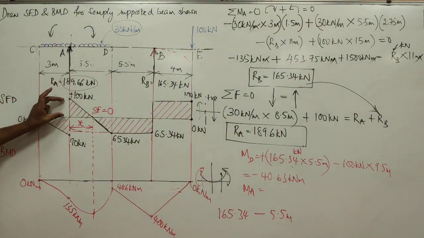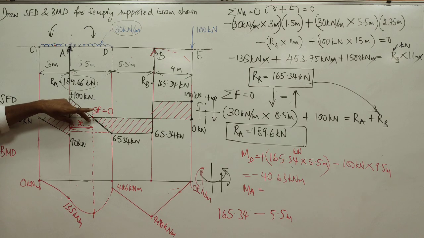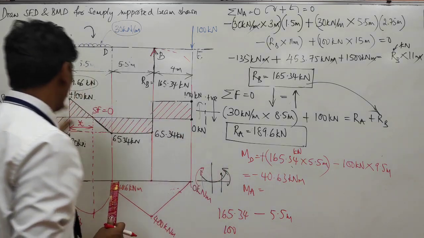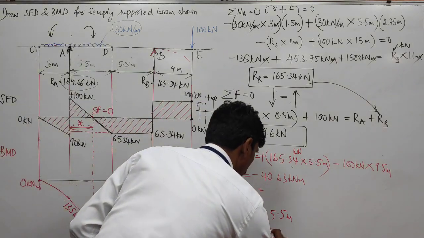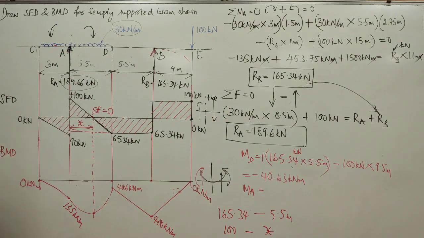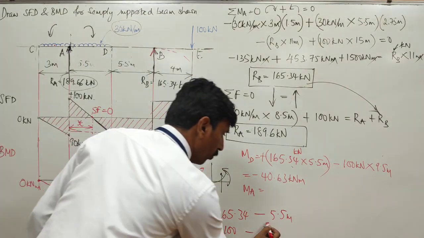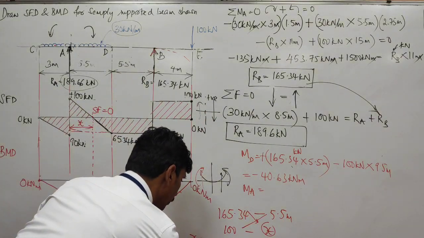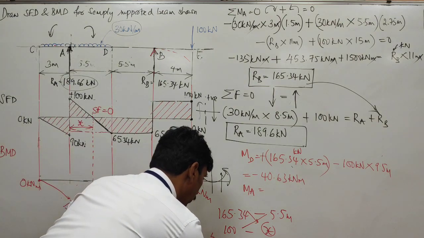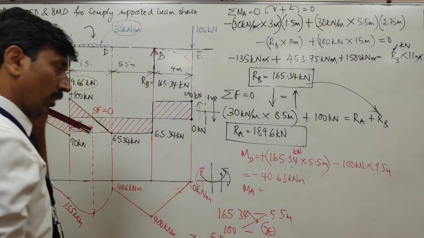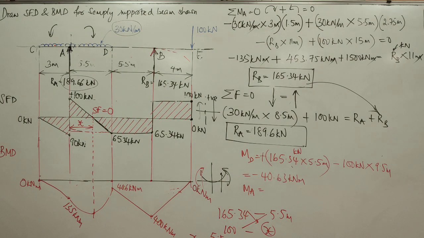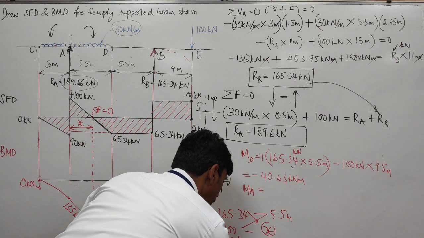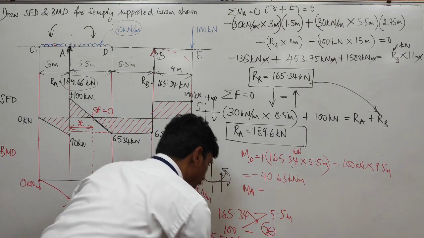And for 100 kilonewton height, what is the base? So this is ratios and proportions. So if you want x, you should cross multiply. So x is equal to 100 divided by 165.34 multiplied by 5.5.